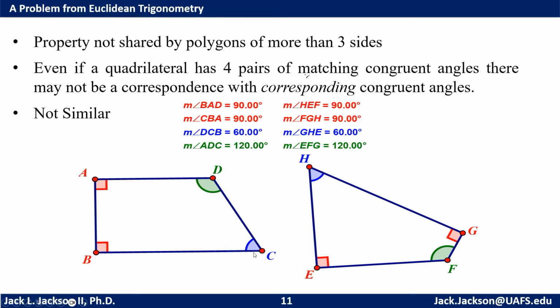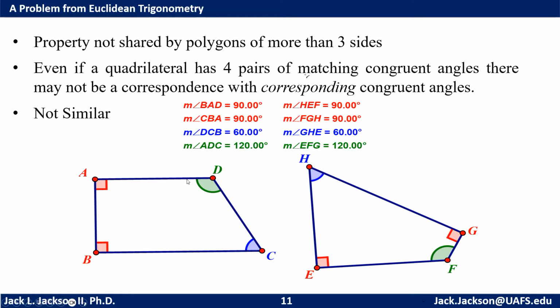D and F match and C and H match, and the matching colors here are congruent. But there's no way to match these up in a correspondence. If you go A to B to C to D, these 2 right angles are consecutive and these 2 are opposite. So these are not corresponding congruent angles, even though they do have 4 pairs.